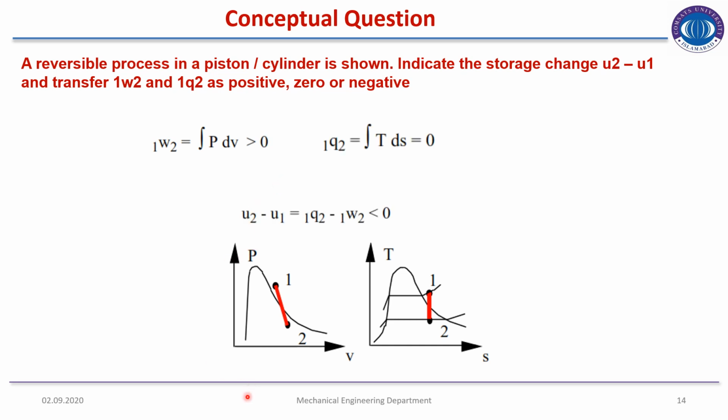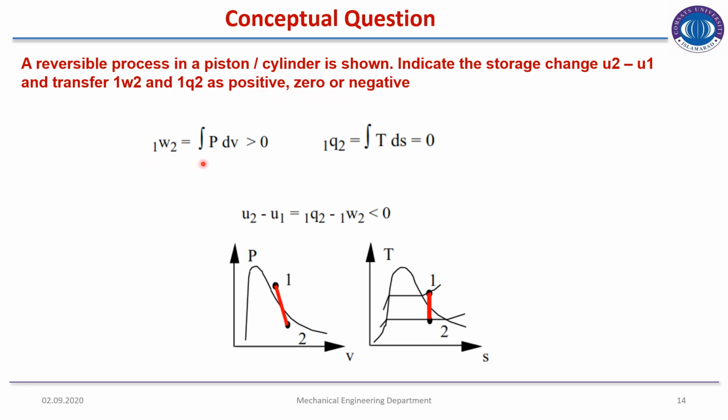So here the reversible process in a piston cylinder is shown. These are the two PV and TS diagrams that represent a piston cylinder process. So you are asked to indicate whether the U2 minus U1 term or work and heat transfer are positive, negative or 0.